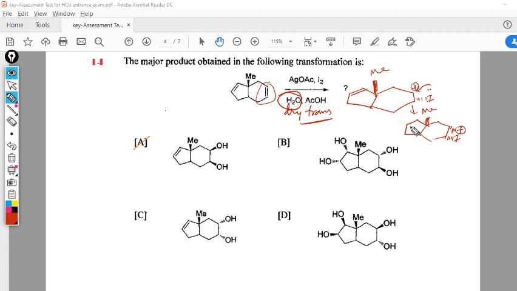Okay. Next, in the next step, silver acetate will attack. It must attack from the above side. Now, as this is near a carbon, it will not attack from this side. It will attack from this one, above the plane.